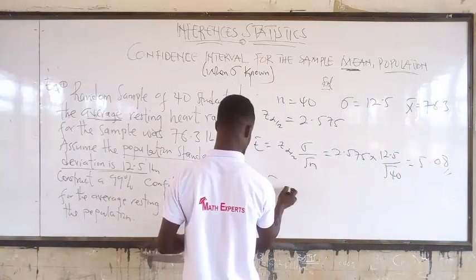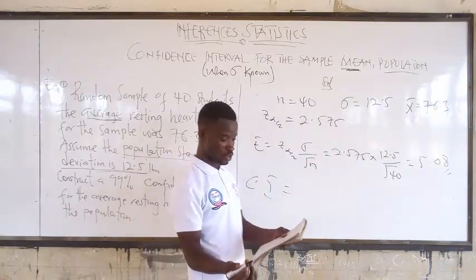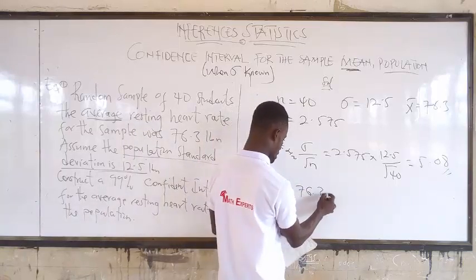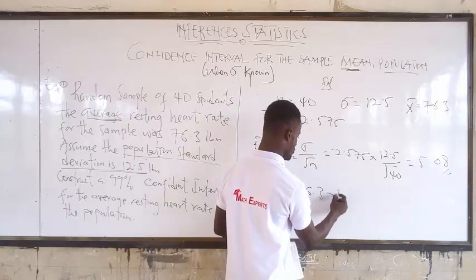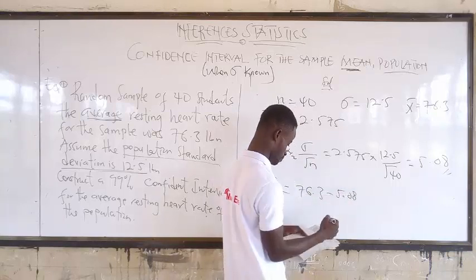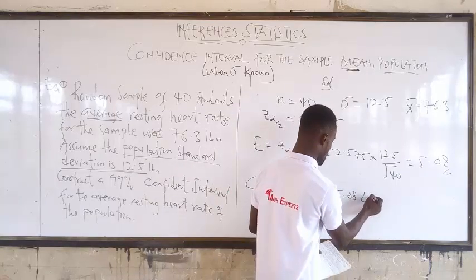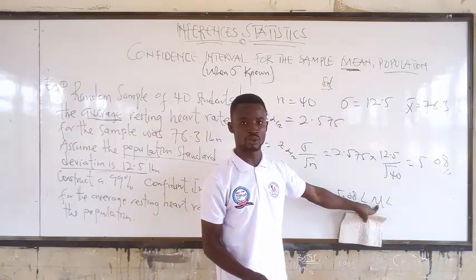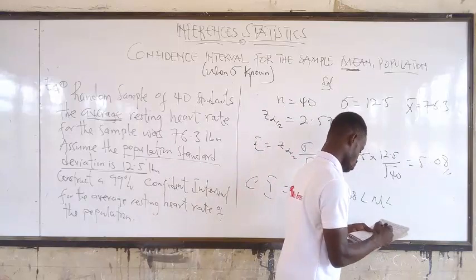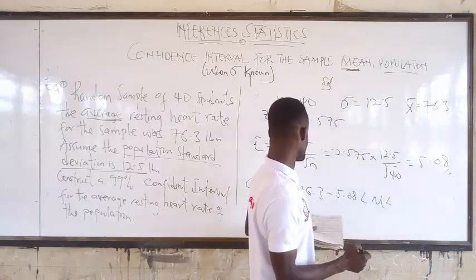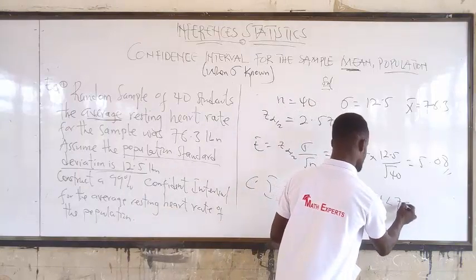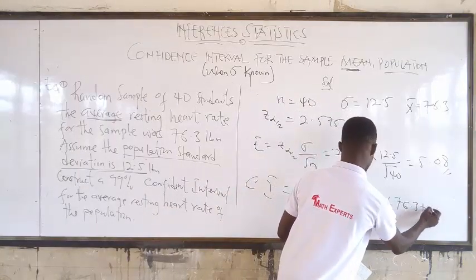Then our confidence interval, you know this already. 76.3 minus 5.08. If you don't understand anything, watch the previous video. So here is going to be the mean, alright? So you know your x bar minus the error, and here it is x bar plus the error.